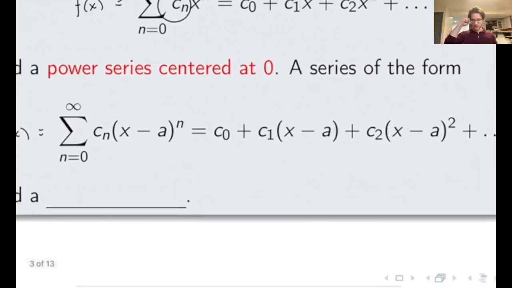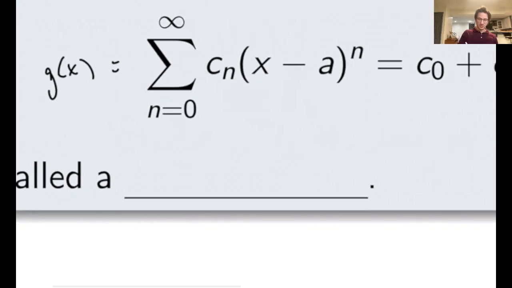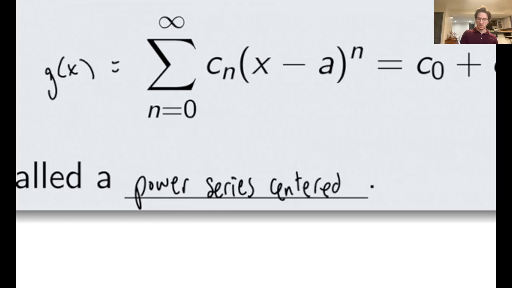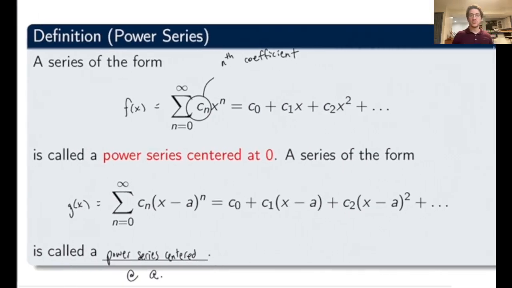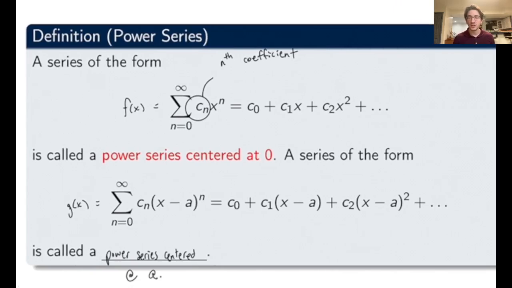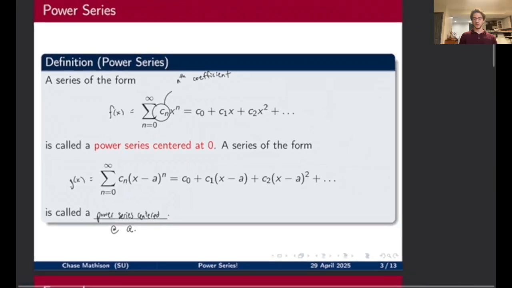We would call this some other function g of x, and it is called a power series centered at a. Again, a lot of the tests we developed will still hold for convergence, and the most important were the root and ratio tests. We'll use those most of the time.